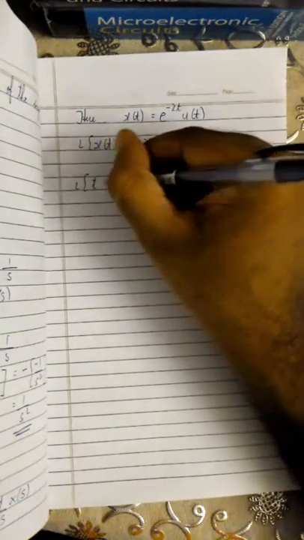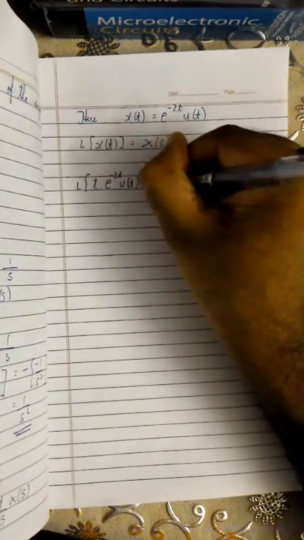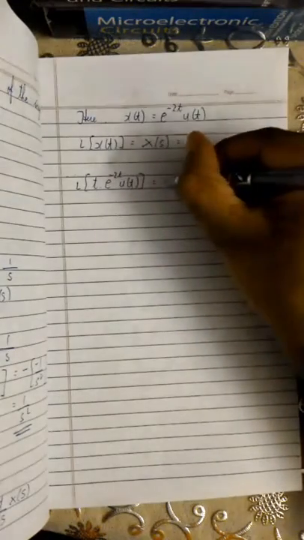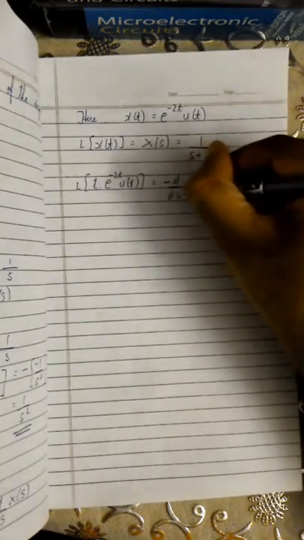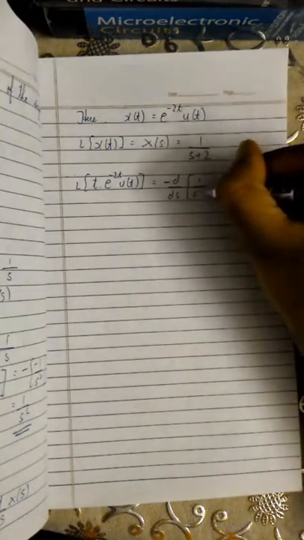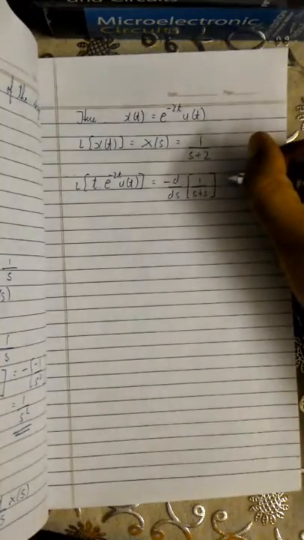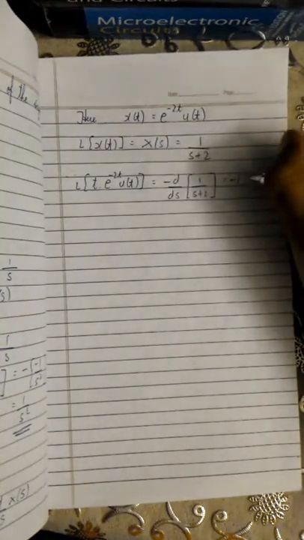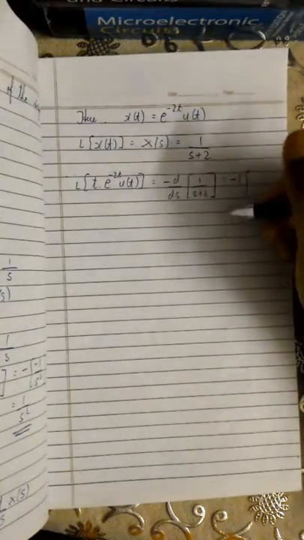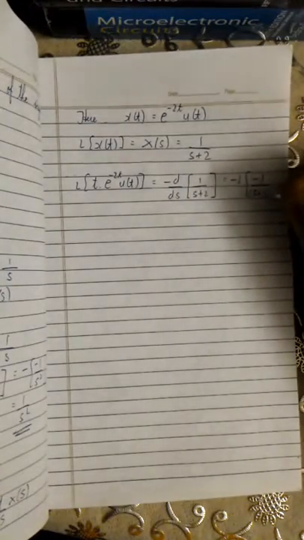Therefore the Laplace transform of t into e raised to minus 2t into u of t is nothing but minus of d by ds of 1 by s plus 2. So this is nothing but minus 1 into, what is the differentiation of 1 by s plus 2? It is minus 1 by s plus 2 the whole square.